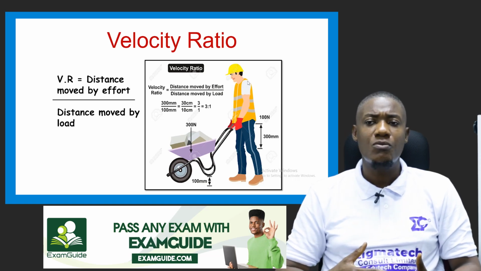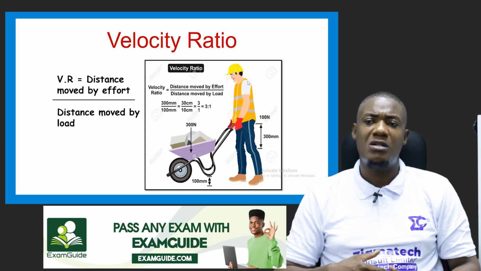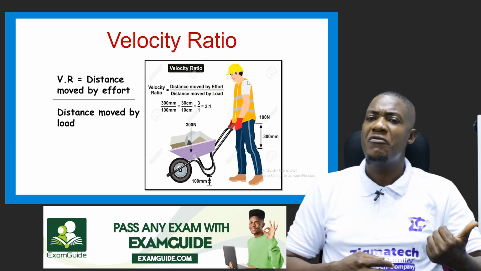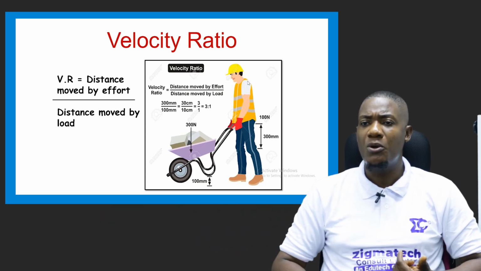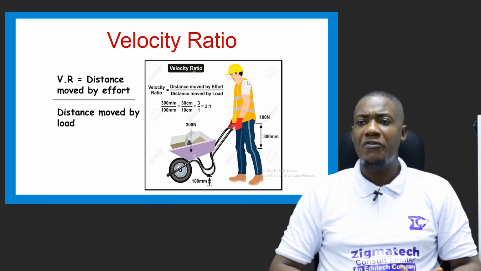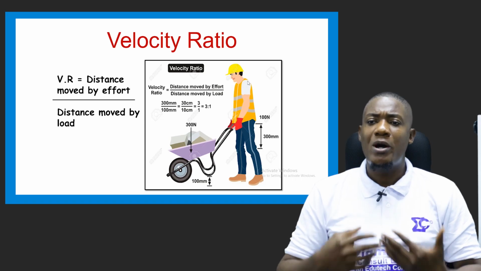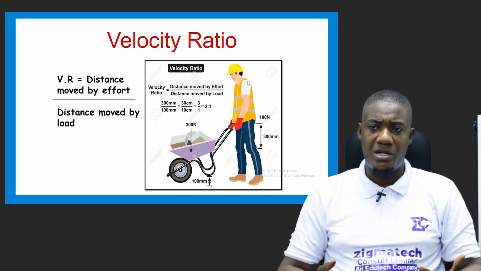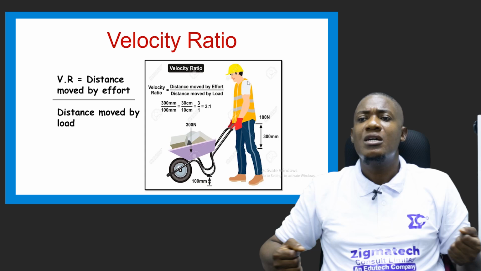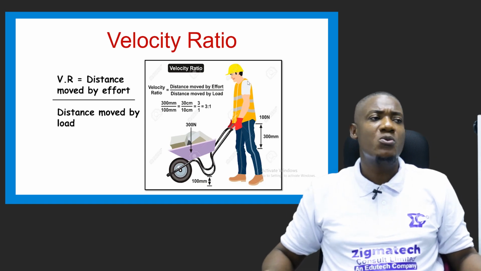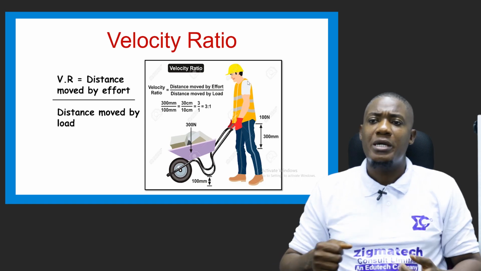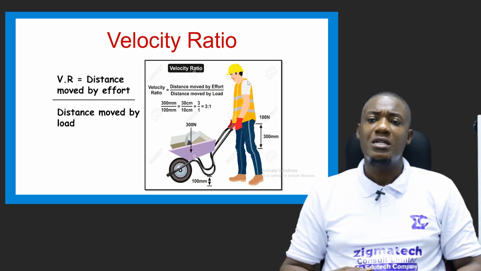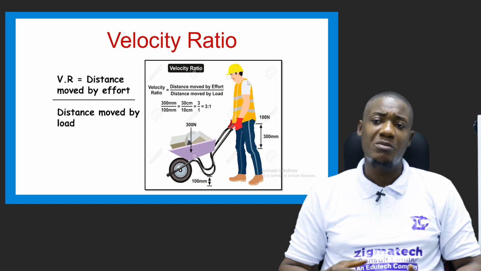So from the previous example I gave you in mechanical advantage, if that man had moved the load in the wheelbarrow a distance of 100 meters, for example, and by the time he lifted the wheelbarrow from the ground, before he pushes it forward, he had also lifted it a distance of about 300 millimeters.